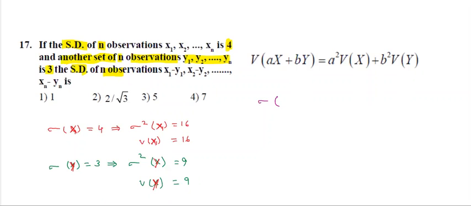Okay. Now standard deviation of x minus y they are asking. So what I am doing, first I am going to find the variance of x minus y by observing this formula. X coefficient what? 1. 1 square into V of x minus y coefficient is 1, by observing this formula only, 1 square into V of y. 1 square means 1.